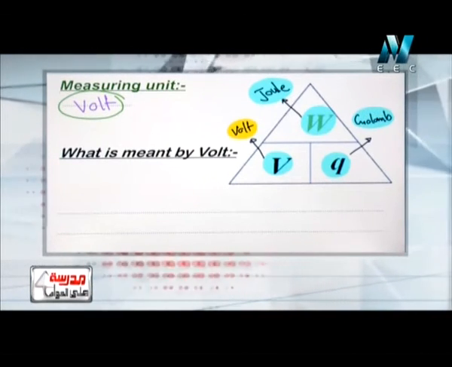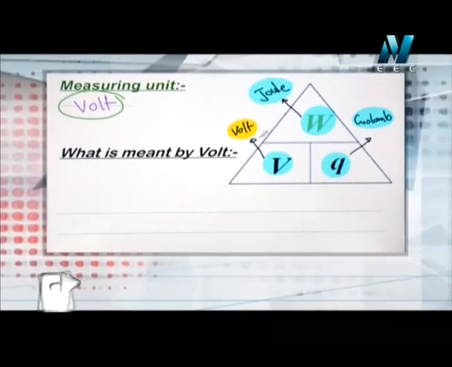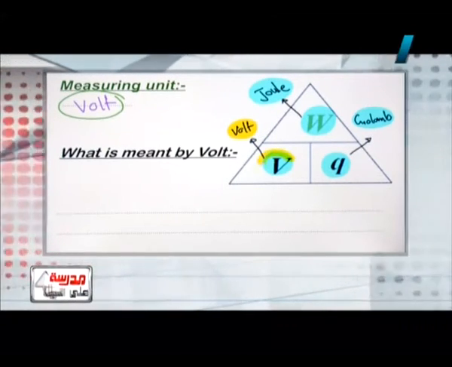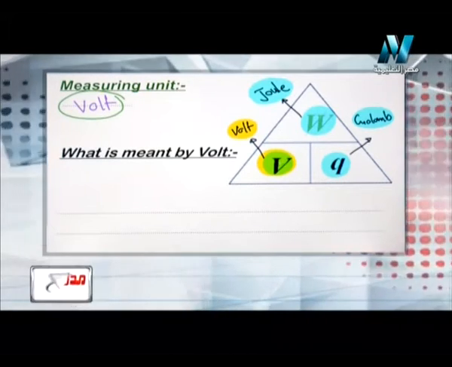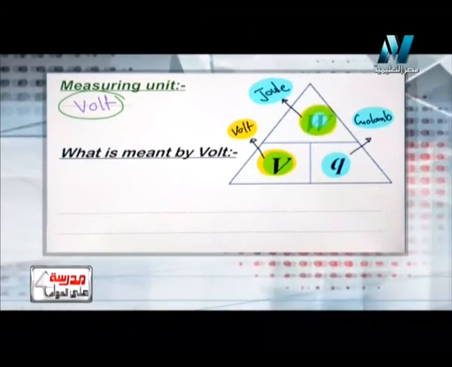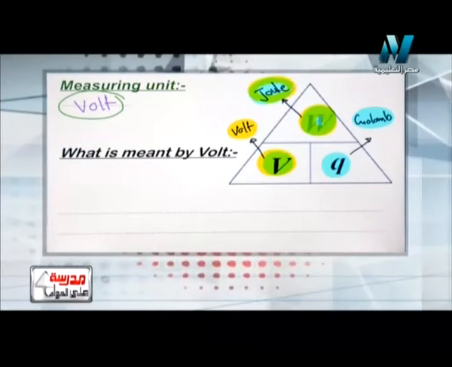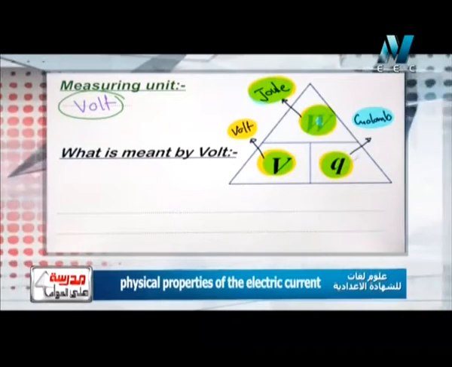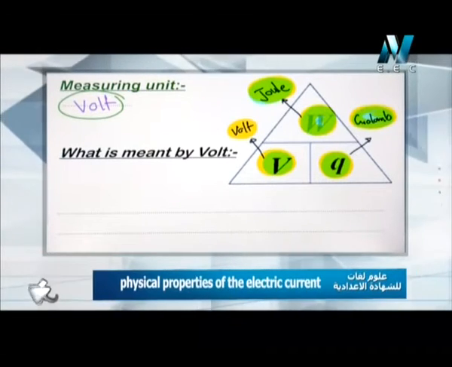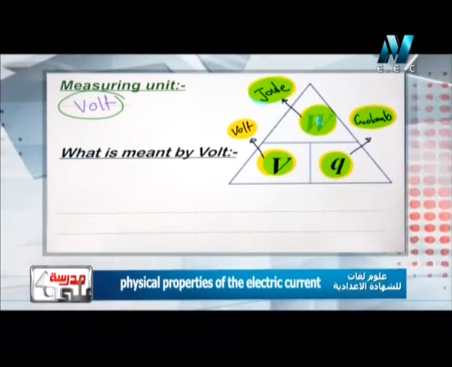What is meant by volt? It is the potential difference when work done equals 1 joule and quantity of charge equals what? Equals 1 coulomb. Let's write it.